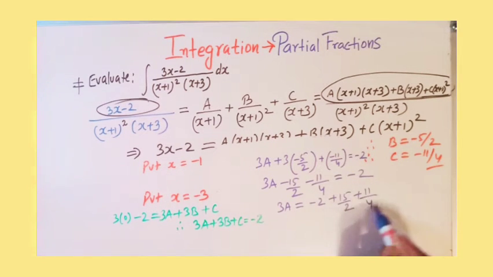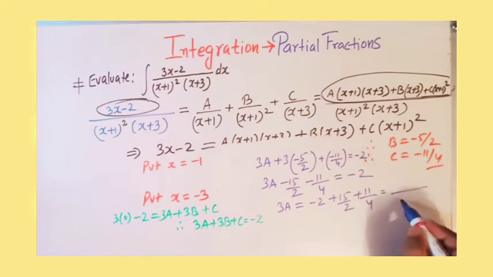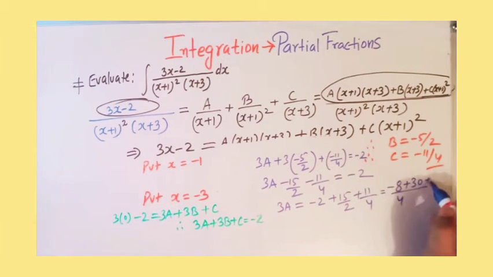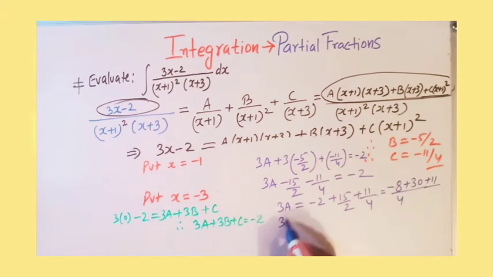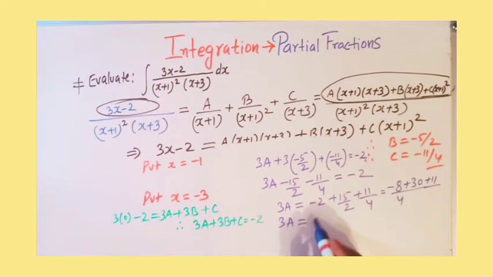Now we'll solve this expression. So we have 4 here, and then we have 8 plus 30 plus 11. So this is 3a is equal to 22 plus 11, 33 by 4.